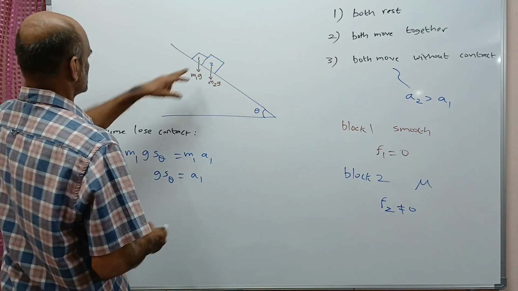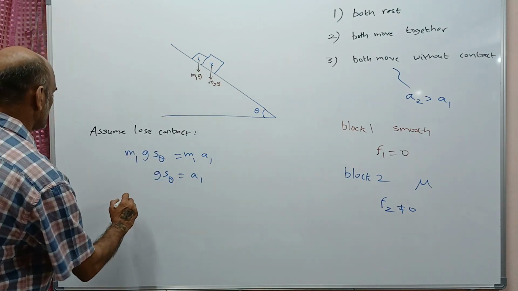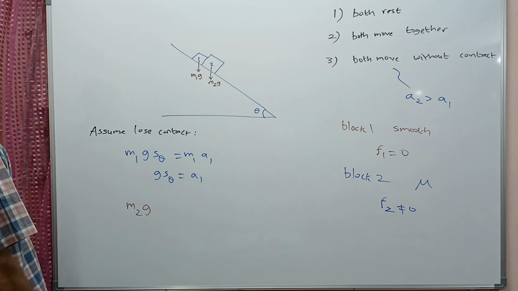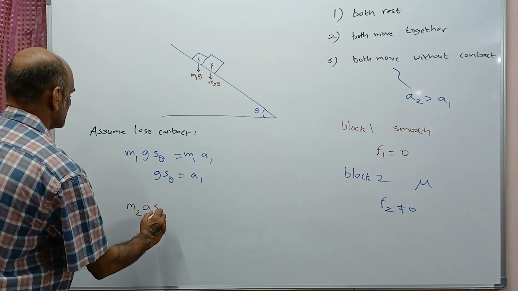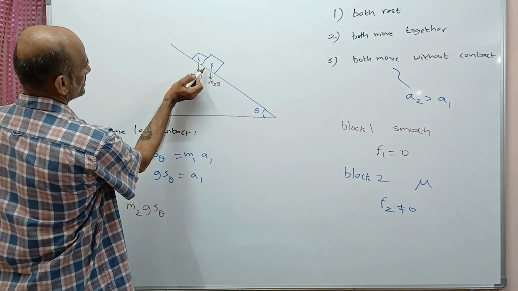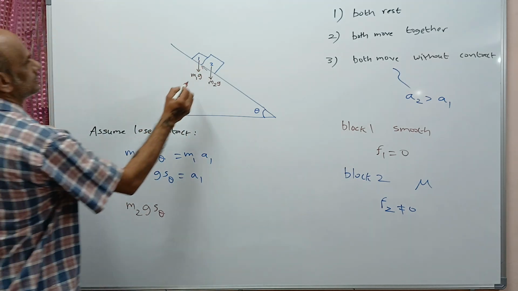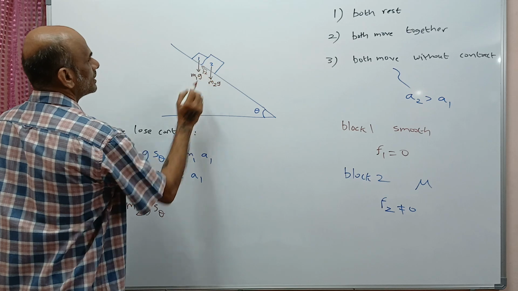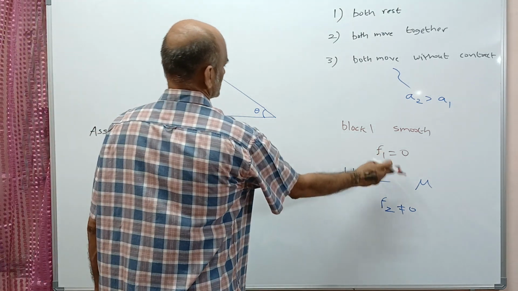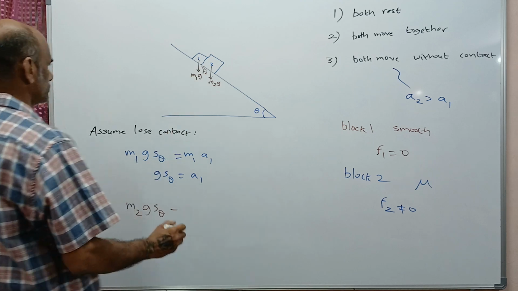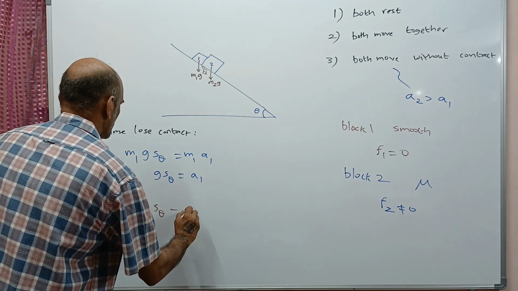For the second block, since there is no contact, the downward force is m2g sine theta, and the friction force will be upwards because it's trying to move down, and the second block has got some friction. Since it's moving, the friction force will be maximum, which is mu into the normal reaction.